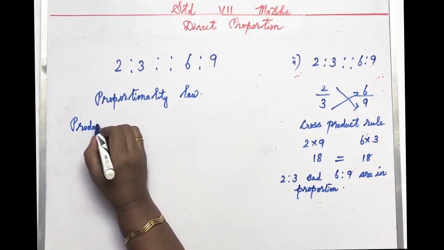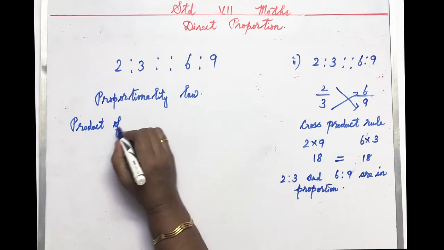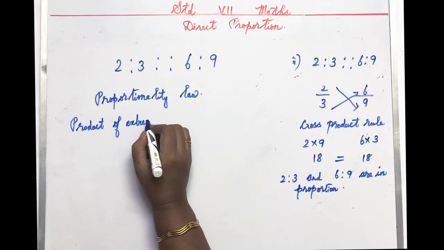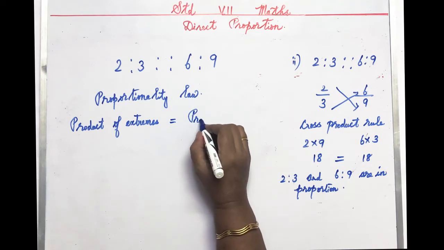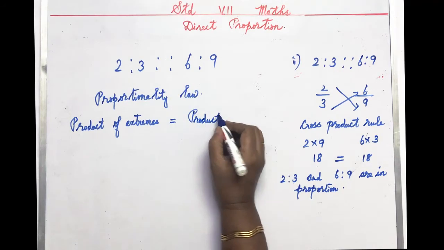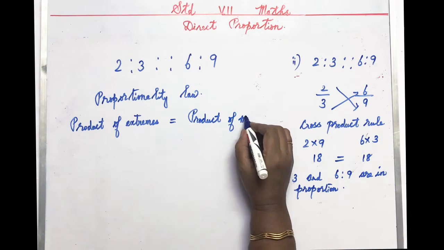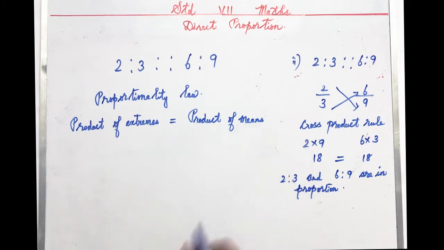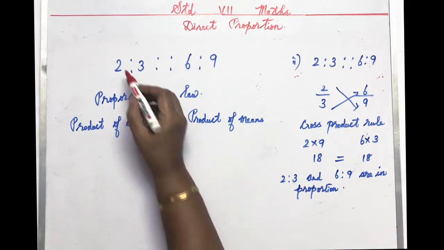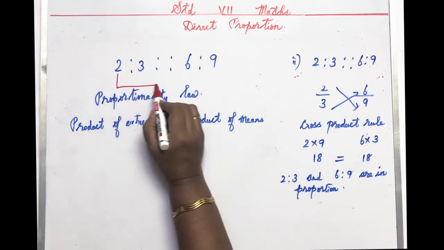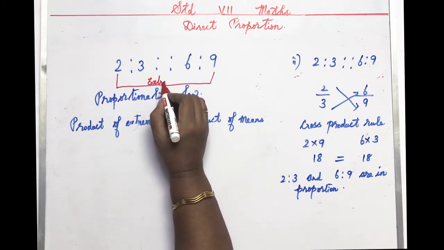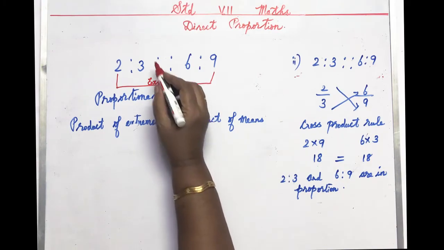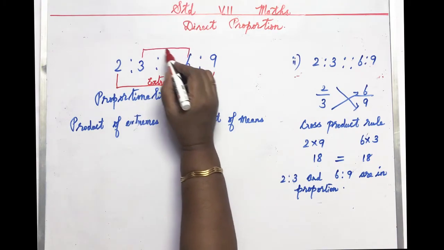Product of extremes is equal to product of means. Now, which are the extremes here? The first and fourth terms are extremes, and the second and third terms are means.